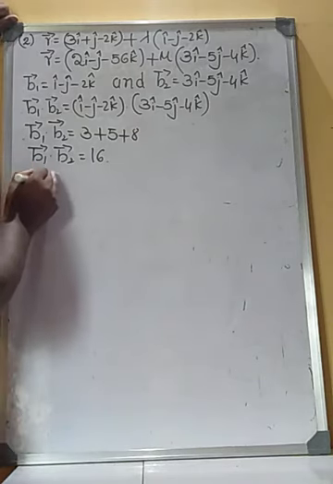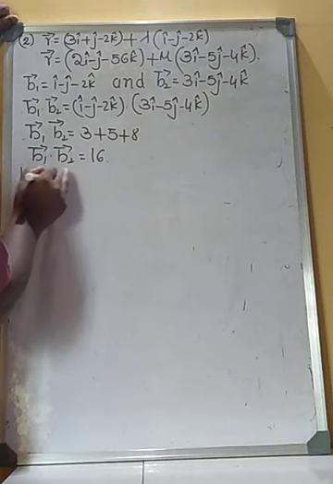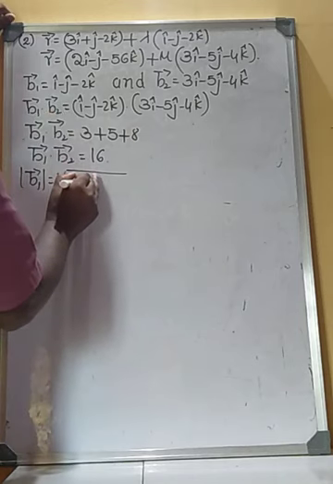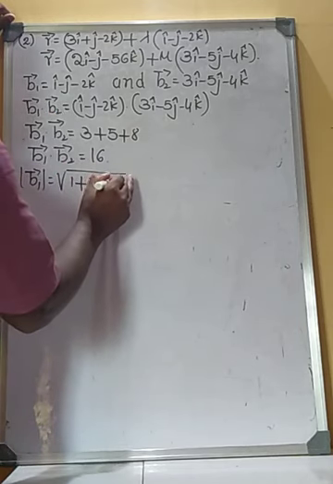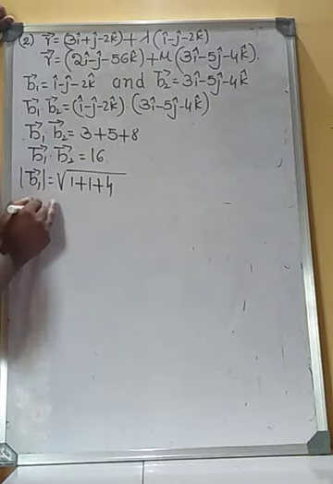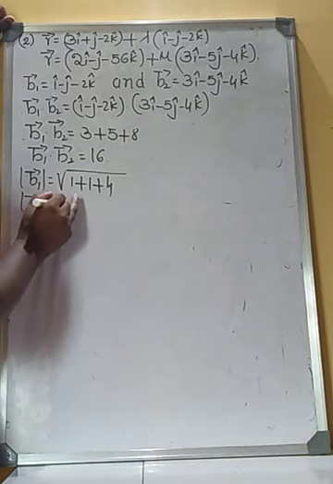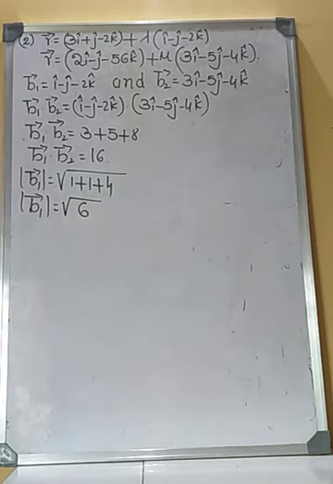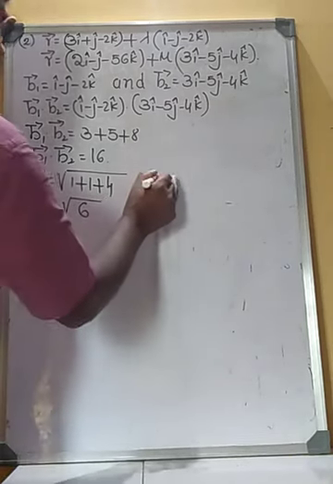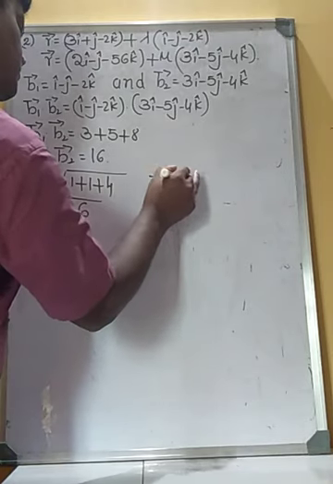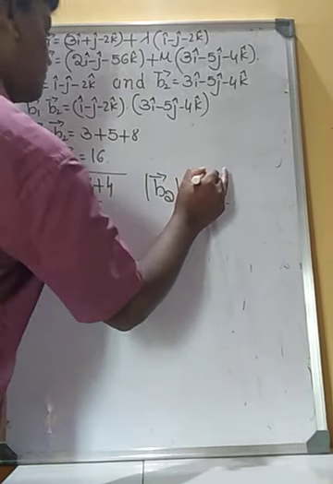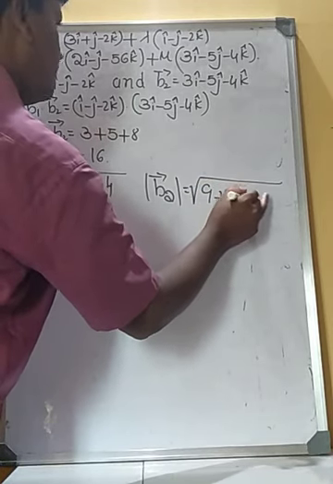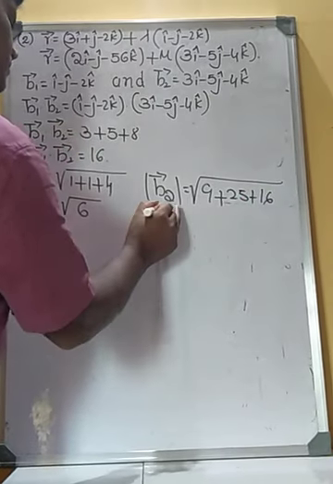Then find the B1 vector magnitude, which is equal to root of 1 plus 1 plus 4. Therefore, B1 vector magnitude is equal to root of 6, and B2 vector magnitude is equal to square root of 9 plus 25 plus 16.